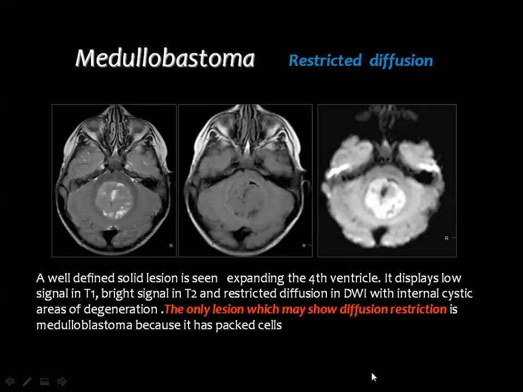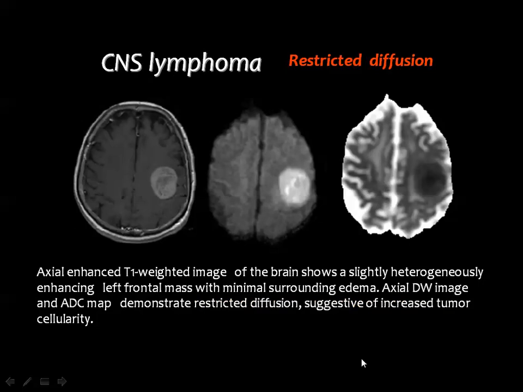And it is said in the literature that medulloblastoma is the only lesion which shows diffusion restriction in the posterior fossa tumors. Then lymphoma is also one of the cellular tumors, and in the enhanced image, it shows almost homogeneous enhancement, bright in DWI and black in the ADC equals diffusion restriction.